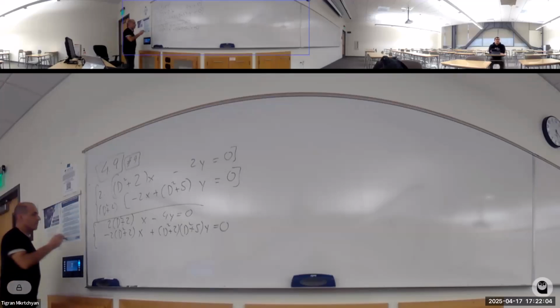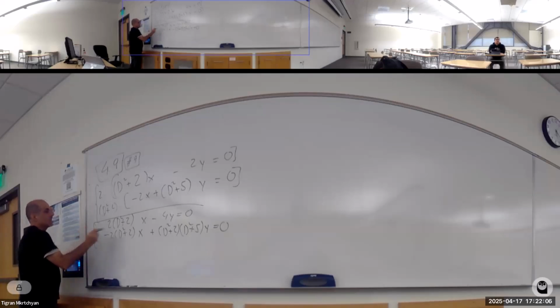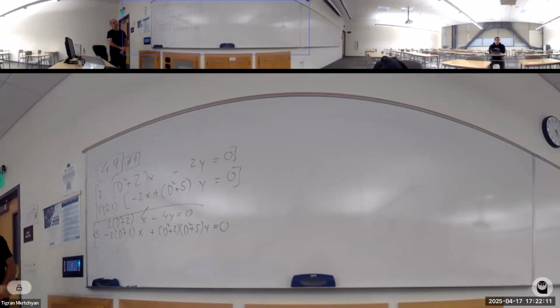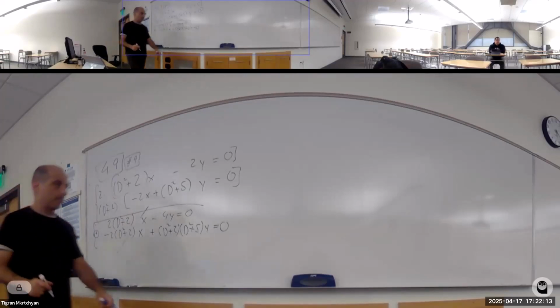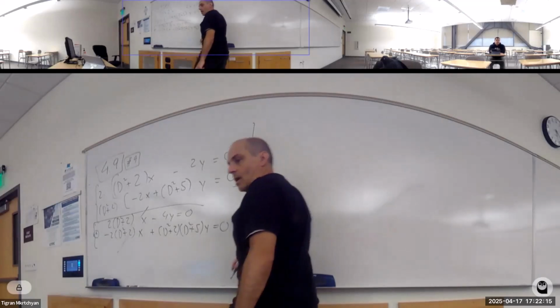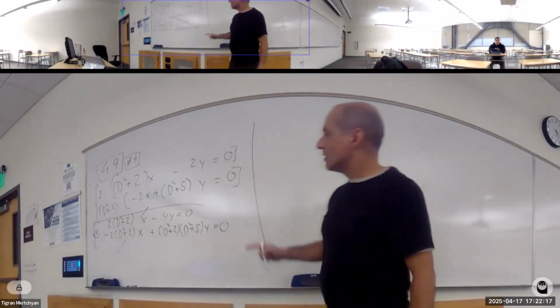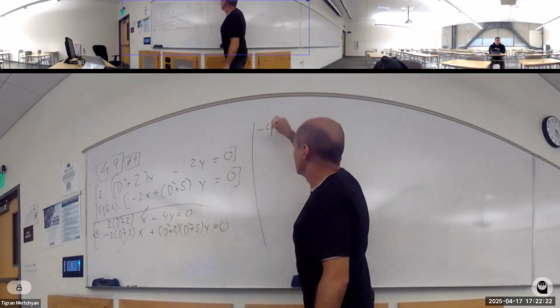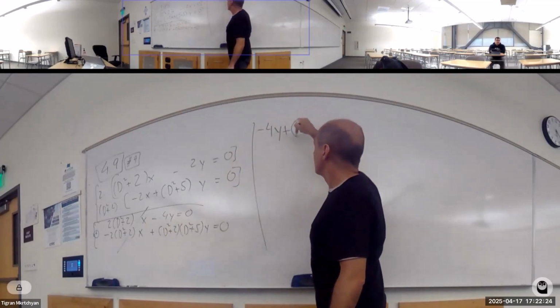Then I'm going to add them. And if I add them together, I will eliminate the x. So let's see what is left. Once I do that, I will have minus 4y plus this, a little bit bigger.